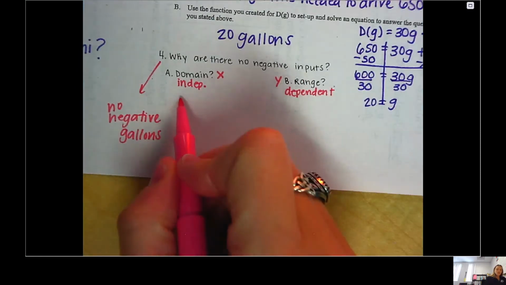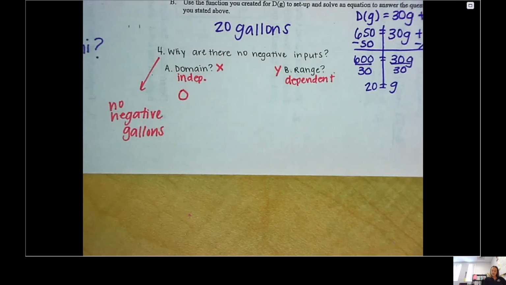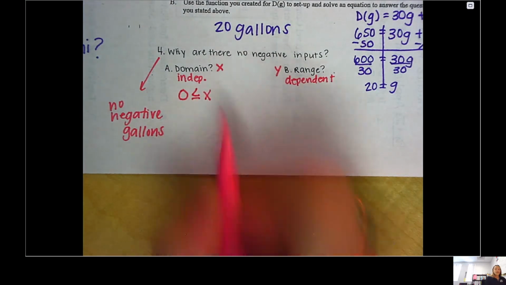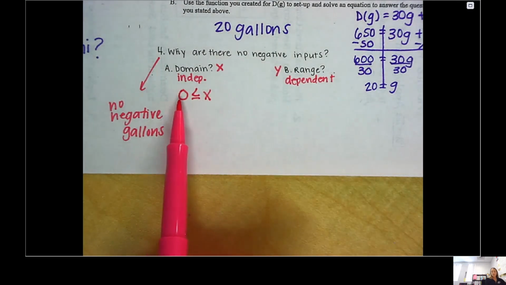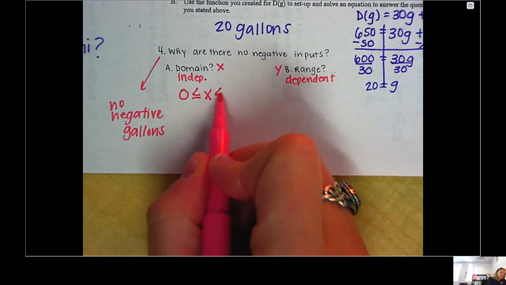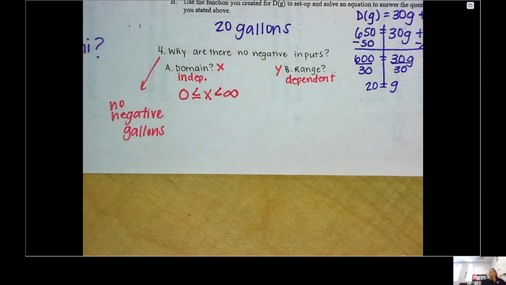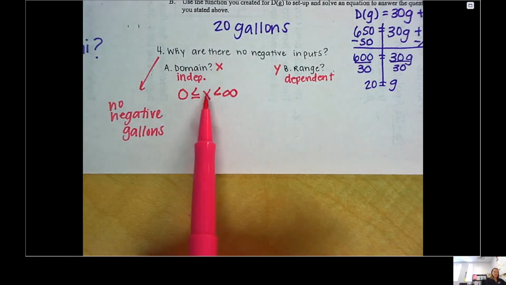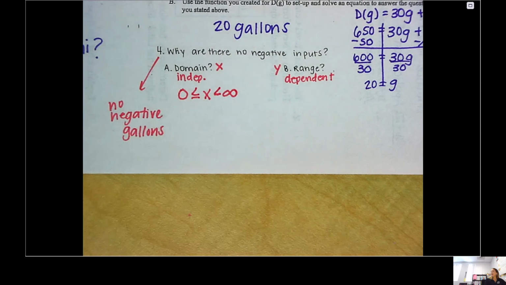Your 0 is first. 0 is less than or equal to X. So that means X is bigger than or equal to 0. And then it goes on until infinity. So that means it's less than infinity, but greater than 0.